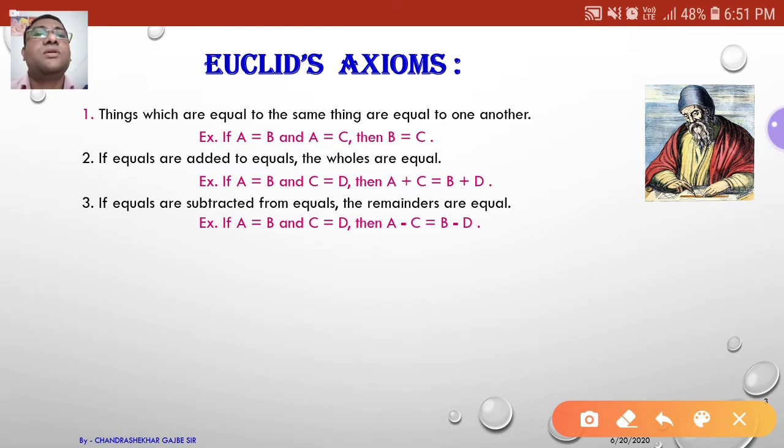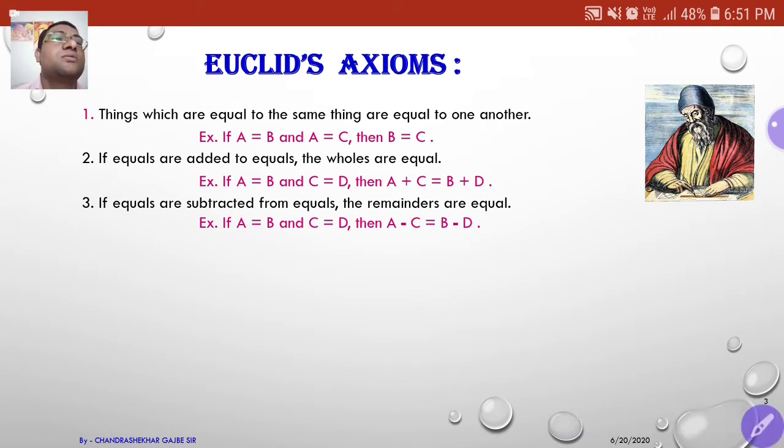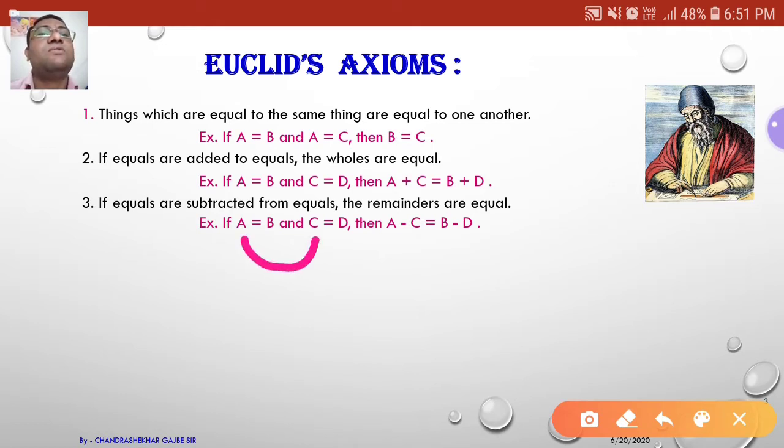If A is equal to B and C is equal to D, then A minus C equals B minus D; both things will be equal here according to axiom 3.